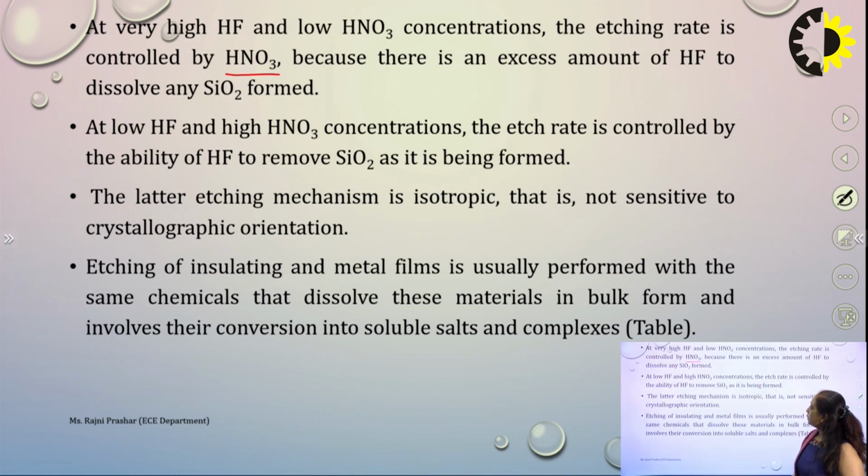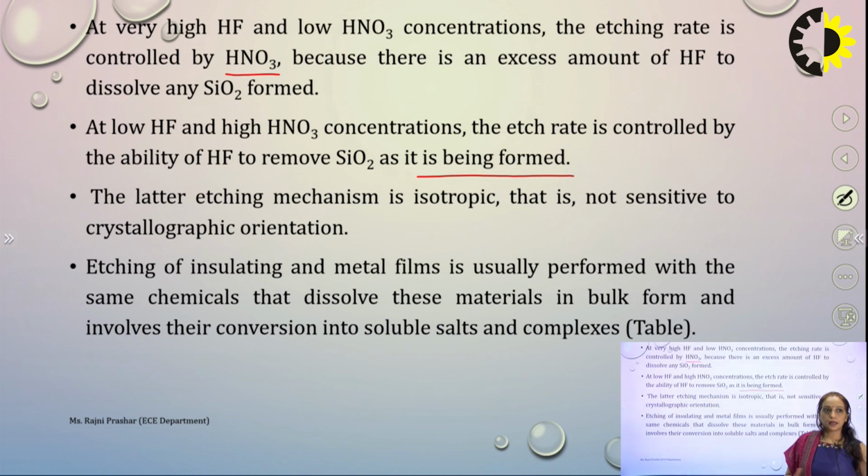This is because there is an excess amount of HF to dissolve any SiO2 formed. At a lower HF and high HNO3 concentration, the etch rate is controlled by the ability of hydrofluoric acid to remove the silicon dioxide as it begins to form.